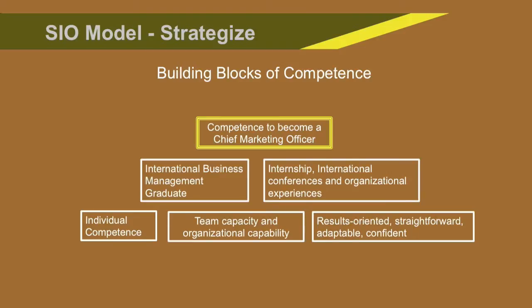So right now, I already have the individual competence, team capacity, organizational capability, and the 4 key attributes. However, there are many other things that I need to obtain, like the bachelor degree in International Business Management, internship program, joining international conferences, and organizational experience in order to become a chief marketing officer.